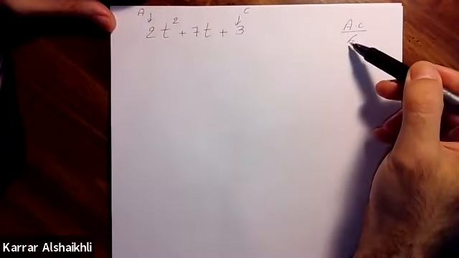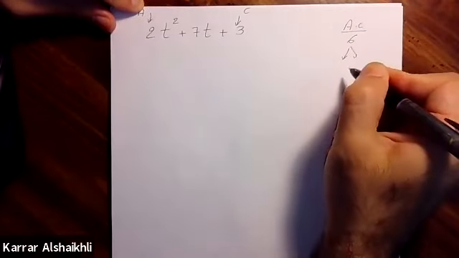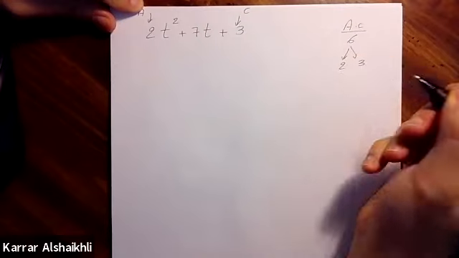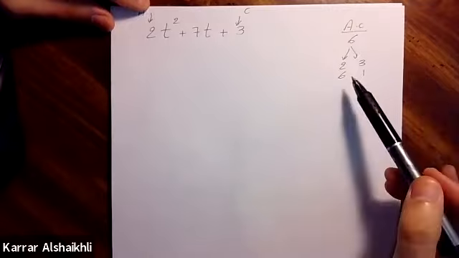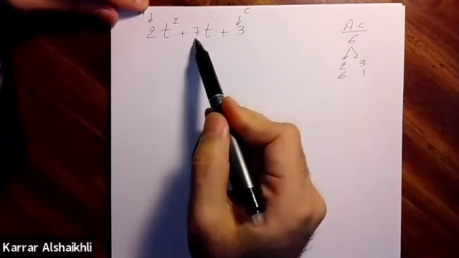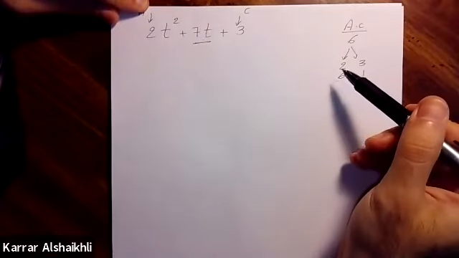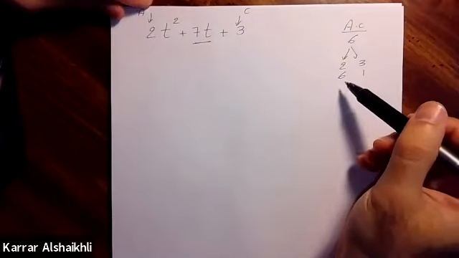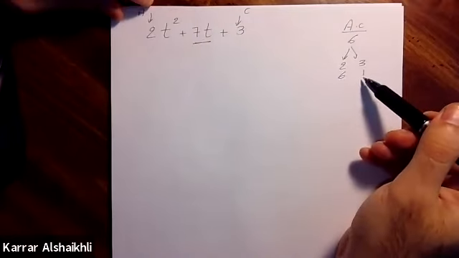Then I'm going to factor the 6 into 2 numbers. I have 2 options, 2 times 3 and 6 times 1. Now, which option can I use to get 7, which is the middle term? I can't use the first option because 2 plus 3 is 5, but I can use the second option, which is 6 plus 1 is 7.